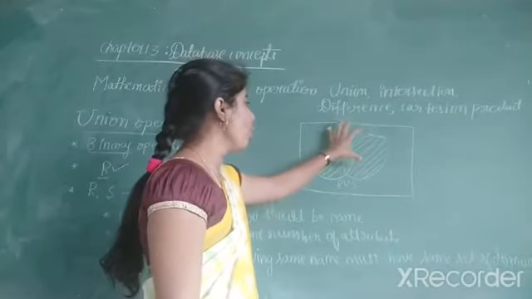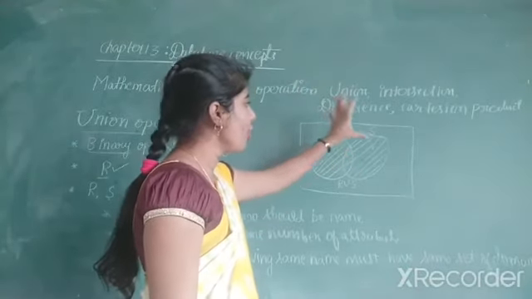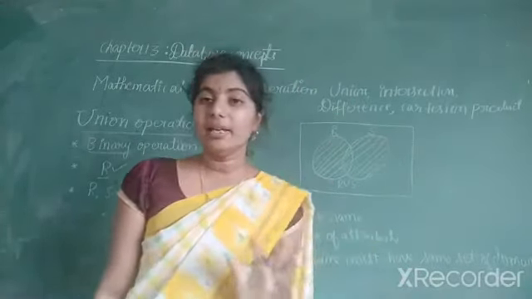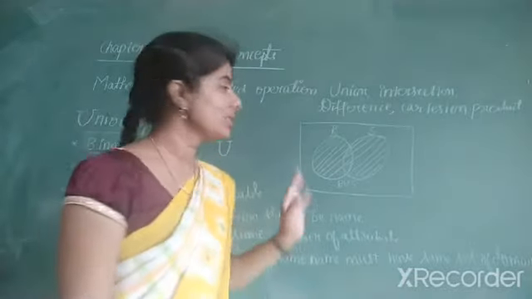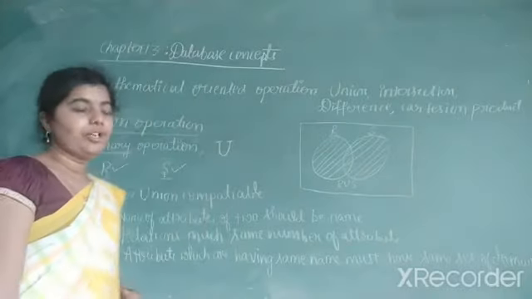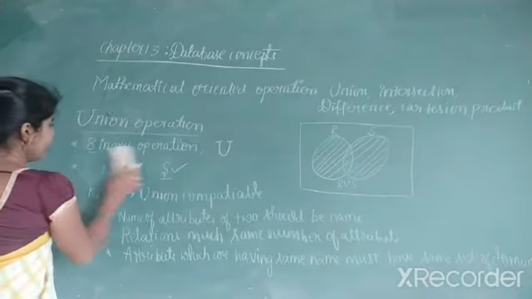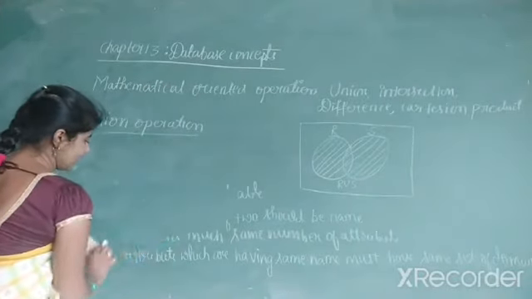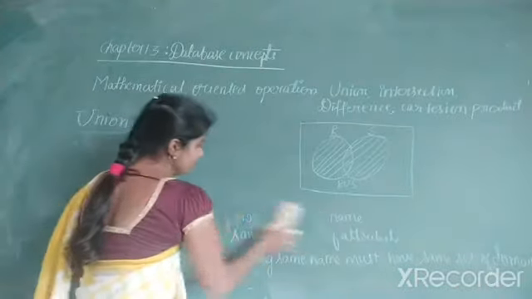It includes all the tuples present in relation R and relation S, by eliminating the duplicate tuples. This is called the union operation. Let us discuss an example for union operation now.